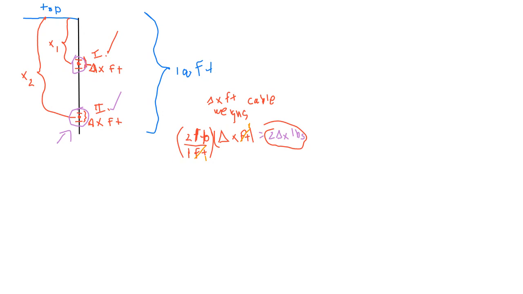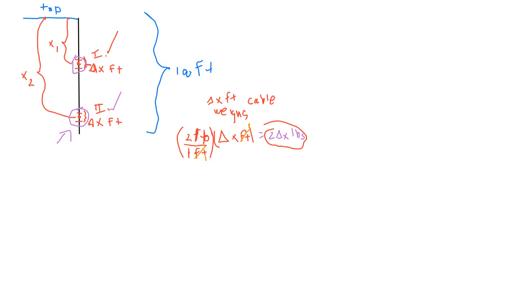So you see, we can think of this 100 feet of cable as divided up into a bunch of little pieces of cable. Then we can compute the work needed to bring up each piece. Each piece is going to require a different amount of work, because each piece is a different distance from the top of the building.